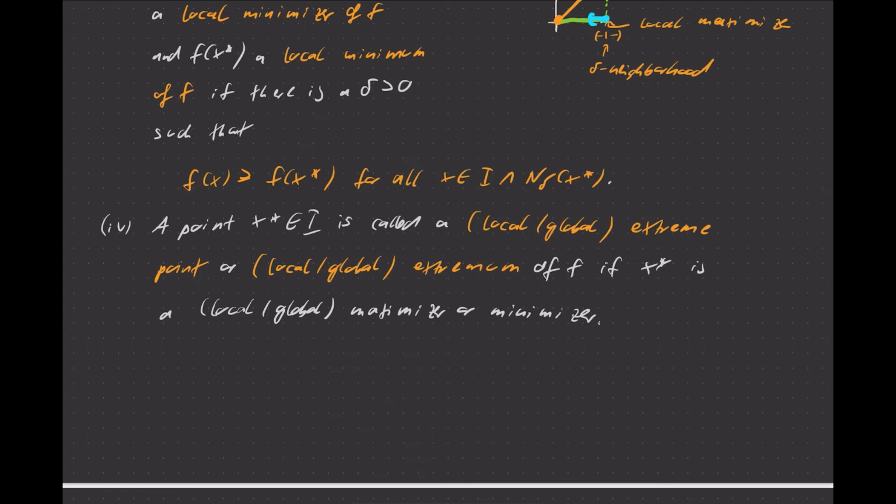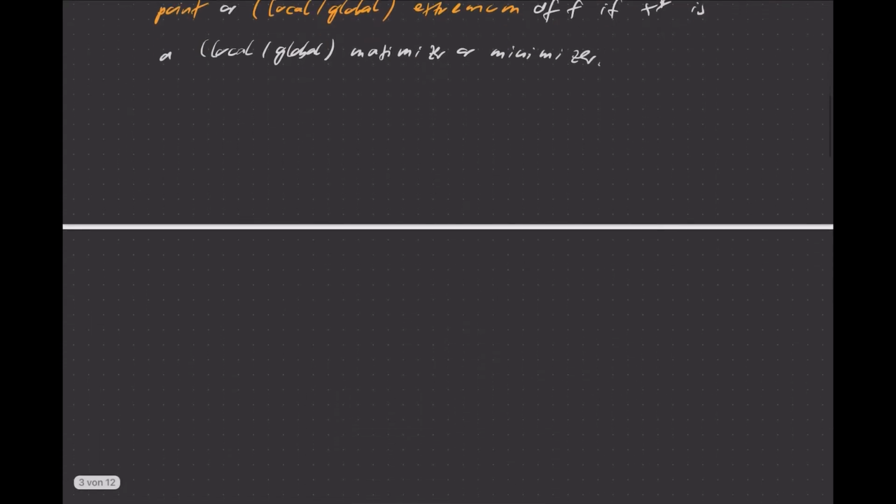Now the question is, of course, how can we find local extreme points for differentiable functions using the information that the derivative gives us? And this is what we'll investigate in the following. So let's say we have a differentiable function.